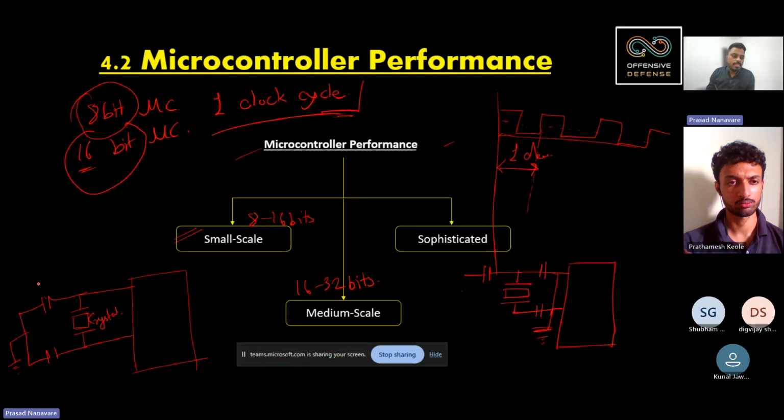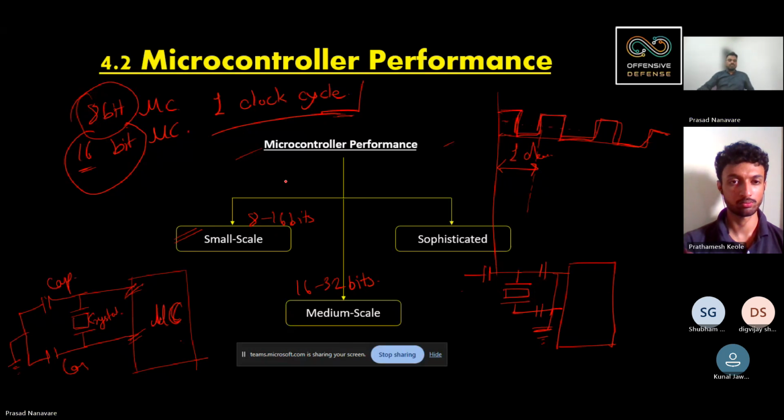This is the quartz crystal, and these are capacitors. This is grounding. There are two pins in your microcontroller that require this signal to be there constantly. How many bits your microcontroller processes in this one cycle is the capacity of your microcontroller.